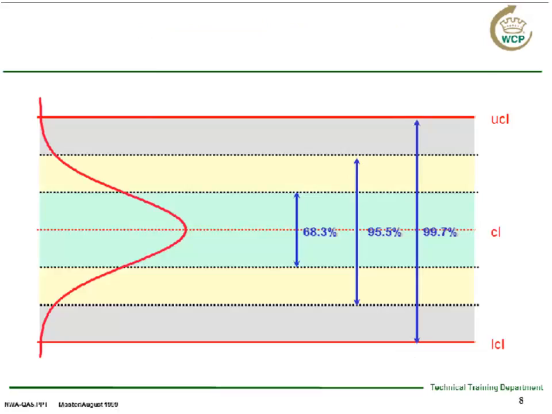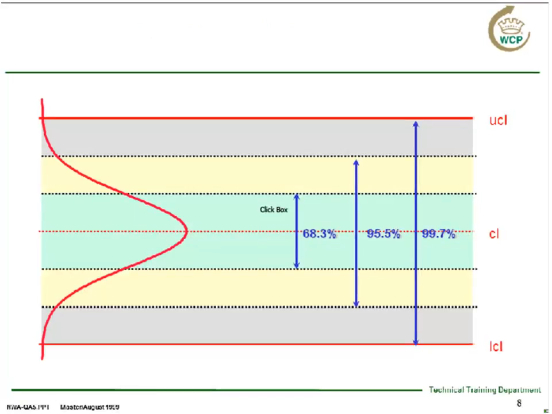This slide illustrates how control lines reflect the spread of data, similarly to how histograms do, as we learned earlier. There are 3 color-coded zones on this chart, as well as a red histogram turned on its side 90 degrees. The green middle section is the spread of data plus or minus 1 standard deviation from the mean in a normal distribution.